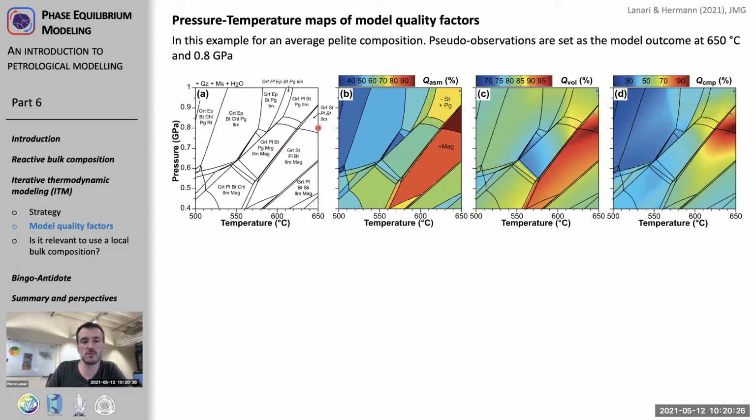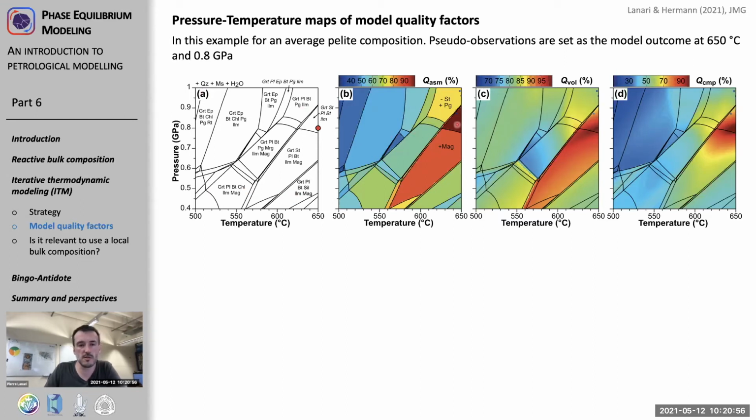Then I took the modeled mineral composition, mineral assemblage, and mineral modes at this PT condition, exactly 650 degrees and 0.8 GPa, and I took that as pseudo-observations for a virtual rock. So that's where my rock is calibrated. Then I calculated the maps of QASM, Q volume, and QCMP for the entire pressure and temperature region shown on this diagram.